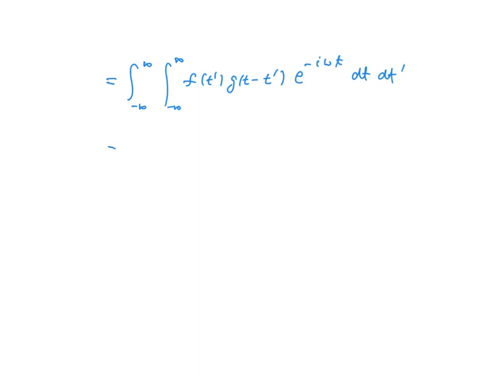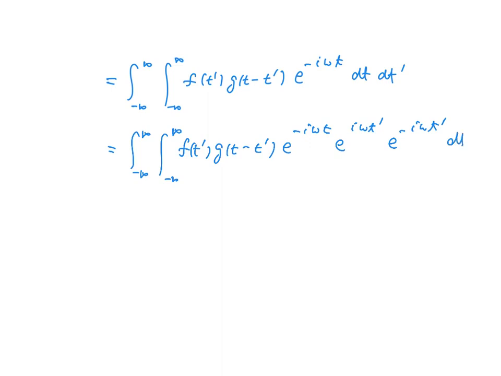And we can actually insert 1, namely e^{-iωt'} times e^{+iωt'}, dt'. So this is basically 1, right? So I haven't changed anything.